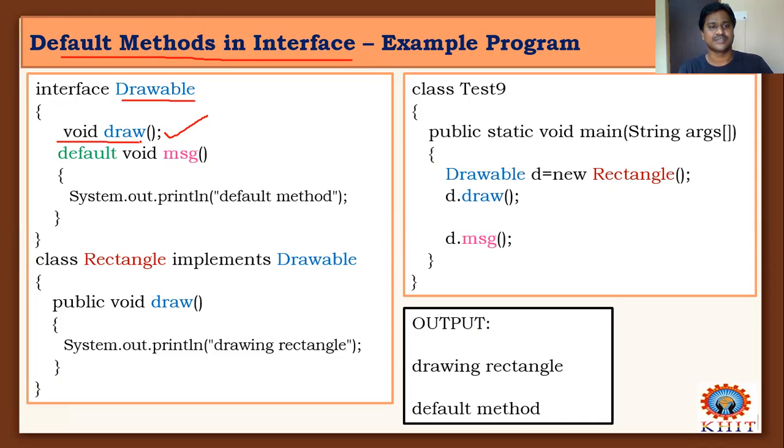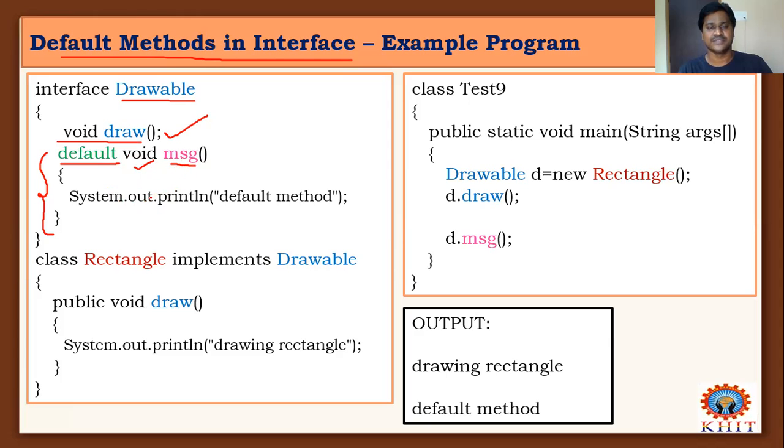This is an abstract method. But if you observe, there is one method defined in this interface with the name msg with the type void, and this method definition is preceded with the keyword default. So this default keyword declares this method as a default method of this interface.